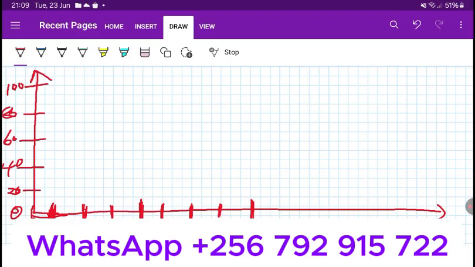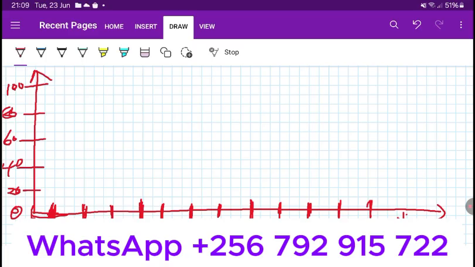Then I call it city B. Then I also do the same for the city K. And I say this is city K. Of course, these are cities. Then you also name this side as crime rates, the vertical axis.